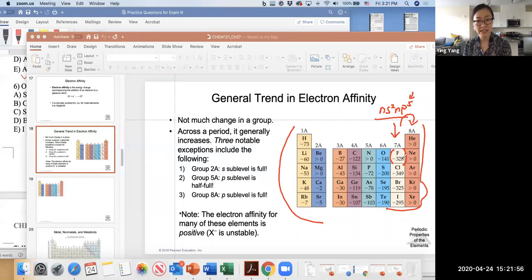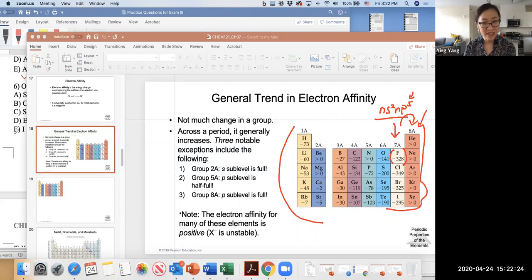Therefore, fluorine is the most reactive nonmetal. Whenever it comes in contact with other atoms, it's going to remove the electron from them. And another one to know is that for the noble gas elements, their electron affinity is positive, so they don't attract or gain any electrons.